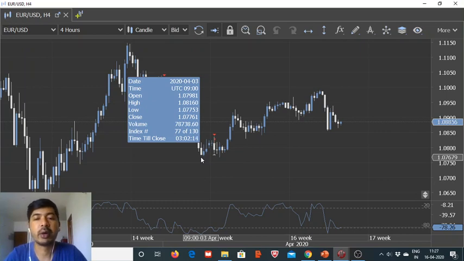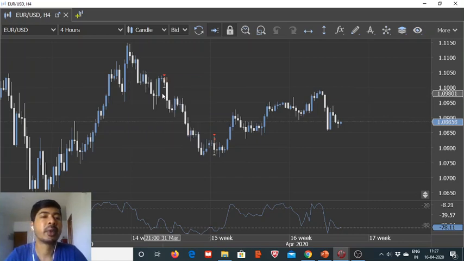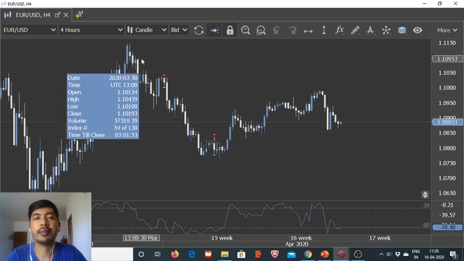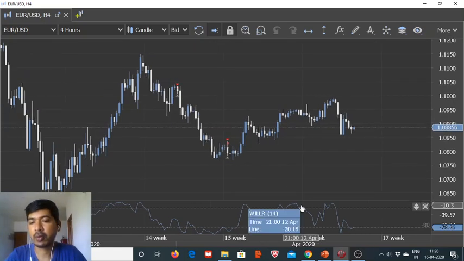So it should have nosedived more than the whole day's range, and then there should be some buying momentum in the last candle. And in case of sell, the conditions are going to be reversed. We will want the candles to have been in green, and then the last candle should be showing some selling pressure. So that is what the whole idea is about.